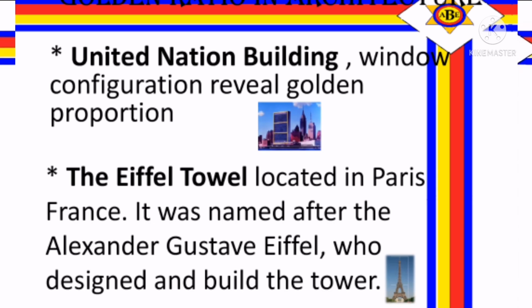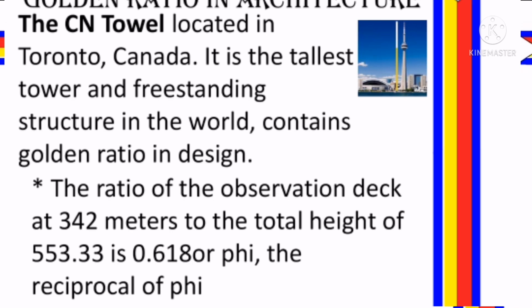Then we also have the Eiffel Tower. It is located in Paris, France. It was named after Alexandre Gustave Eiffel, who designed and built the tower. And next is the CN Tower, located in Toronto, Canada. It is the tallest tower and freestanding structure in the world.